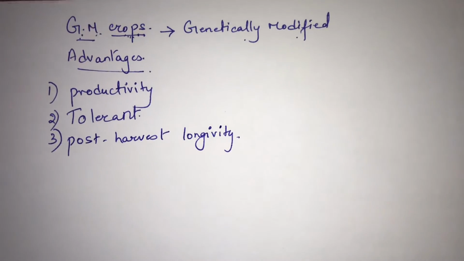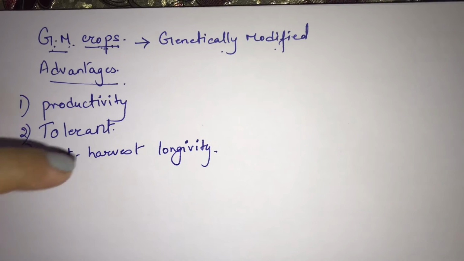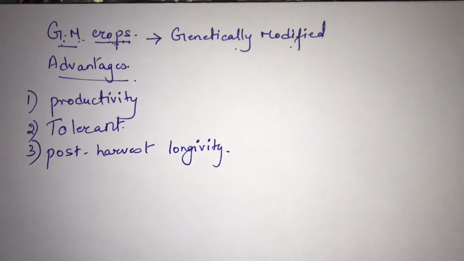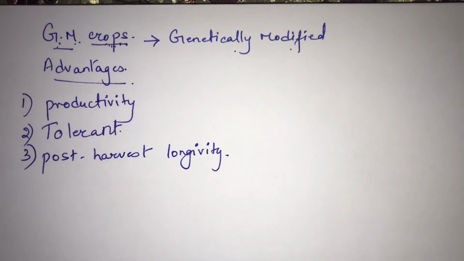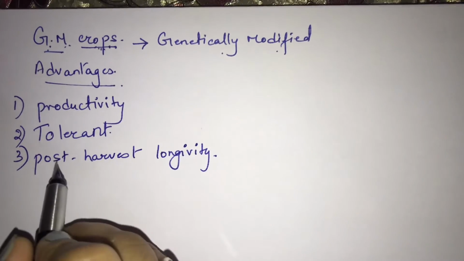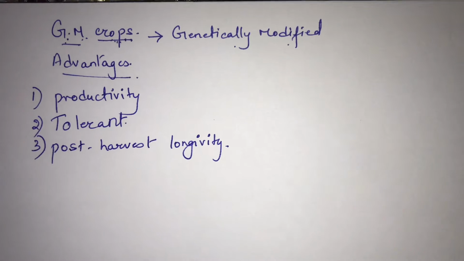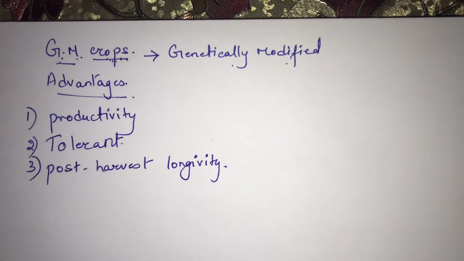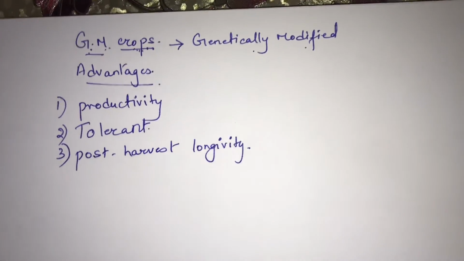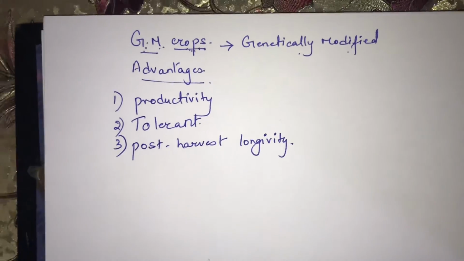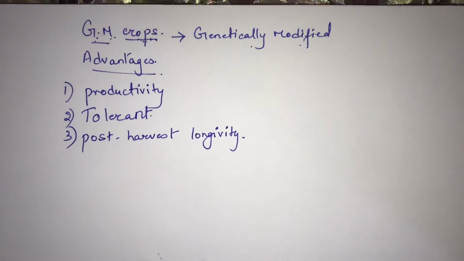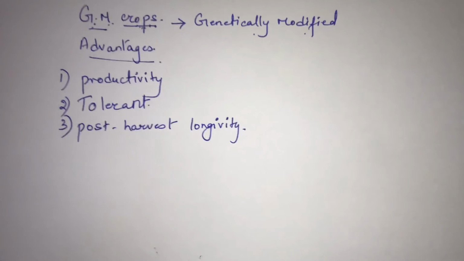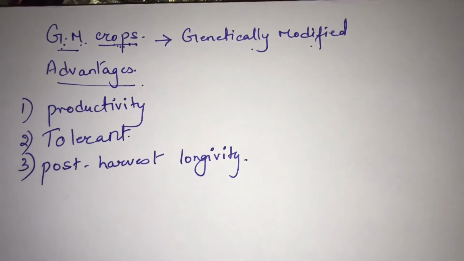Crop plants are nothing but edible plants, so after harvesting we can store the plant for 1 to 2 years and use it. But if a crop plant is not genetically modified, it cannot show resistance to pests, and then after harvesting it cannot last long, maybe 6 or 7 months, but not more than that.